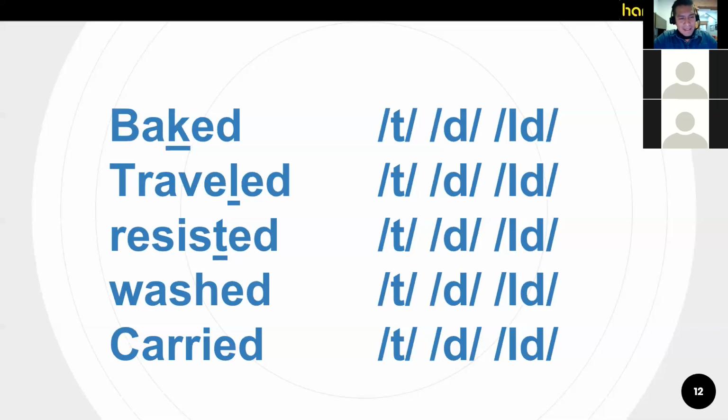Cami, what about the next? Cami, are you there? Oh, teacher, my microphone was off. Resist. Okay, the ending is a T. Resist. And is the letter D. The ending is D. So how do you say it in the past?